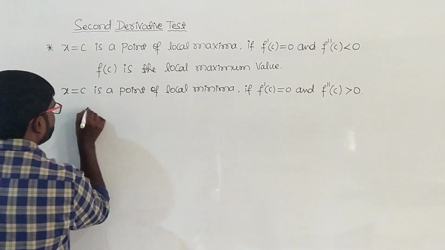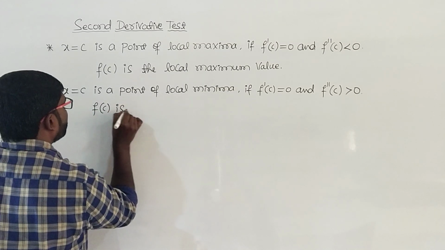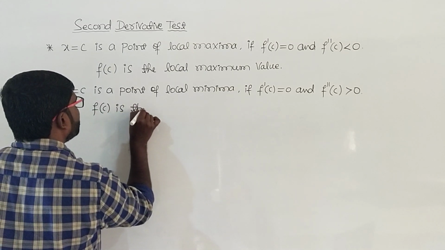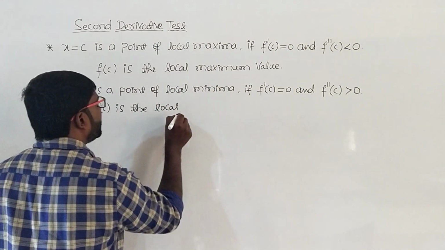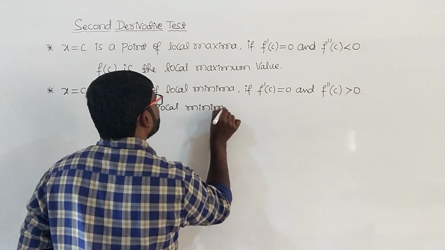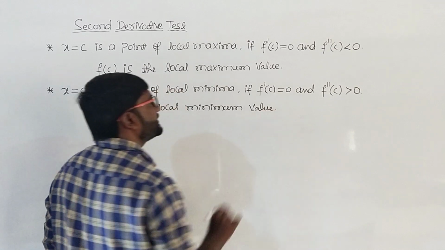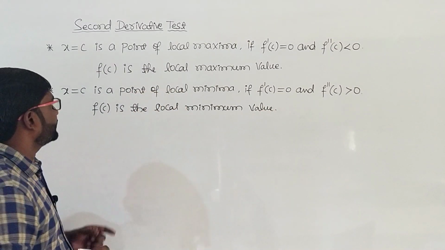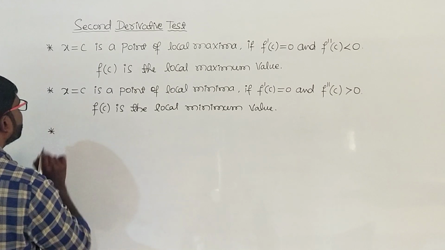In this case f of c is the local minimum value. So now I will go for the last point in the second derivative test.